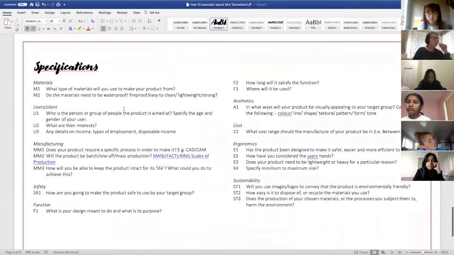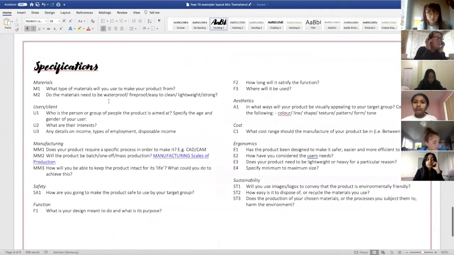So materials: what type of materials will you use to make your product from? Where is this information? In the booklet somewhere. We've been given it, haven't we, in our, starts with the letter B? Brief, design brief.